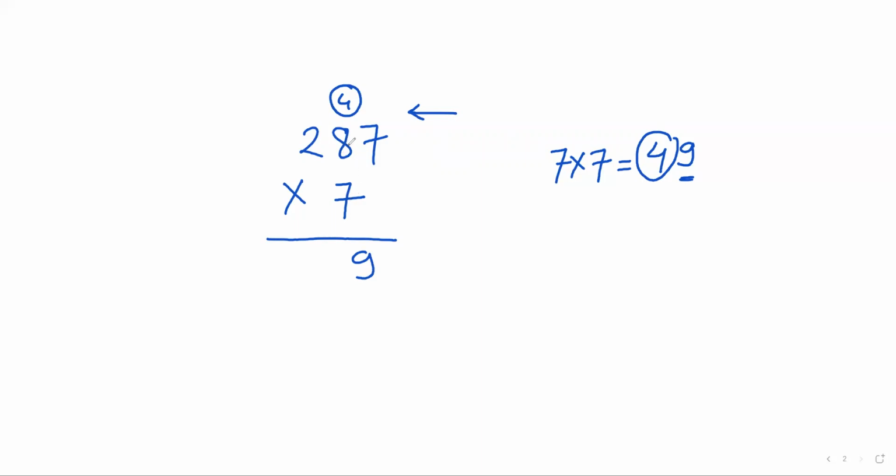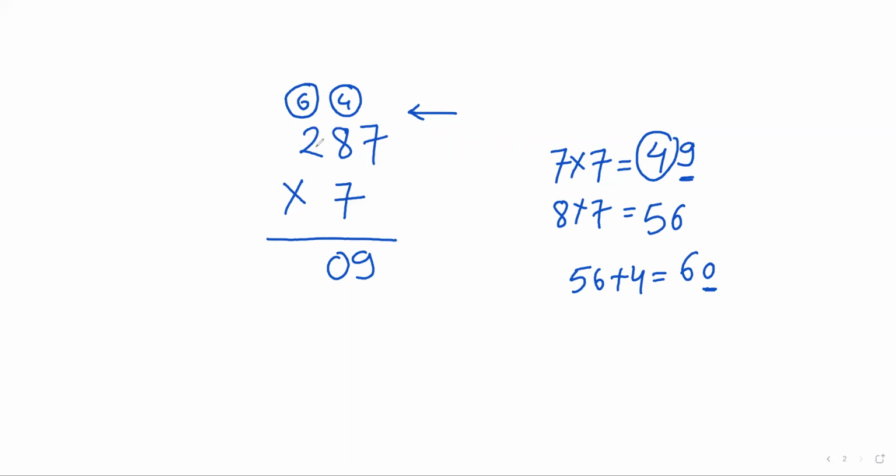What will we get? 8 7s are 56. Now add the carry to this 56. 56 plus 4, what will we get? 60. Now write this last digit here and take this 6 as a carry and write it above the next number.